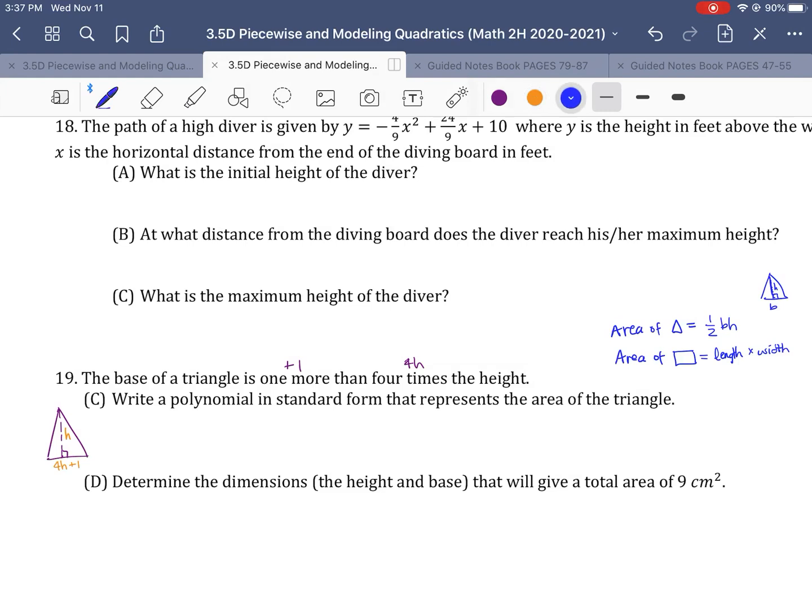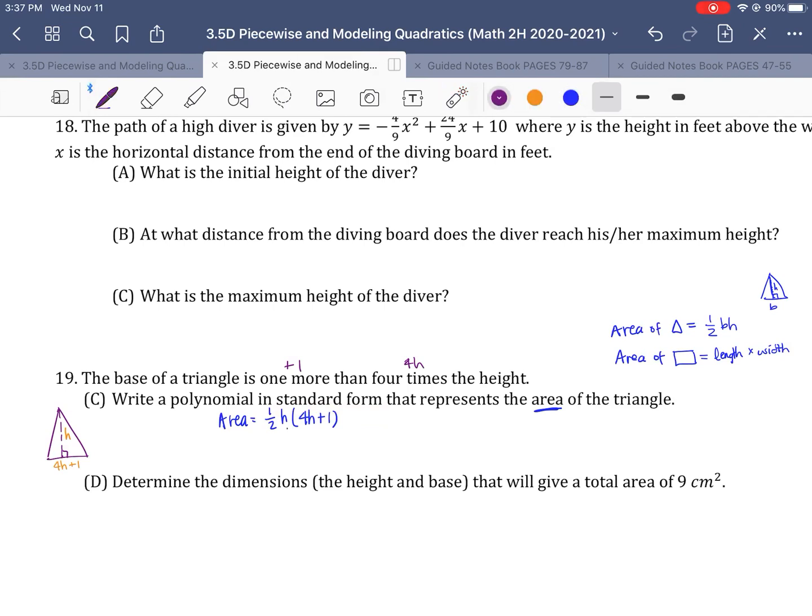And again, if I want to make a polynomial for the area, then I use the area formula and those two relationships. So area is equal to 1/2 the base times the height, or the height times the base. So I'm going to put h and then 4h plus 1. It asks me to write this in standard form, so I do need to distribute that in.